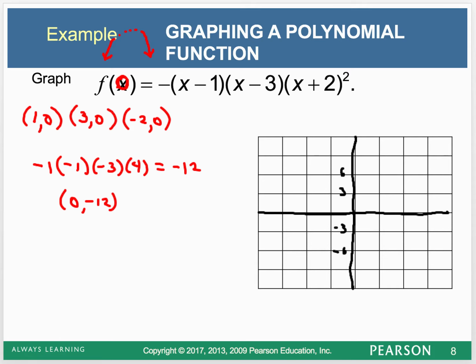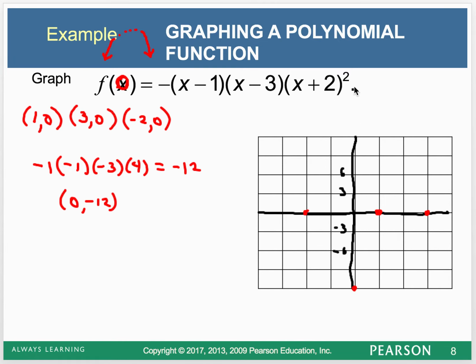Okay, so let's plot our points and see what we have. We have 1, 0, 3, 0, -2, 0, and 0, -12. So let's see if this shape can go through these points. Okay, if I came up this way, now I've got a problem here, because if it turns around right there to go through here, this should have multiplicity.